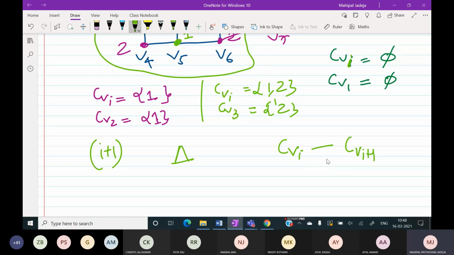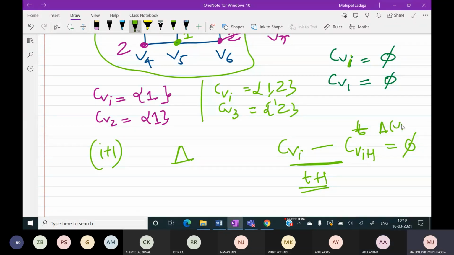It may be possible that these vertices are pairwise adjacent and they are using the same set of colors. In that case, you will get the answer as an empty set, and then you are going to use one new color, T plus 1. So my question is, what is the maximum possible value of T here? It is delta of Vi. Very good.